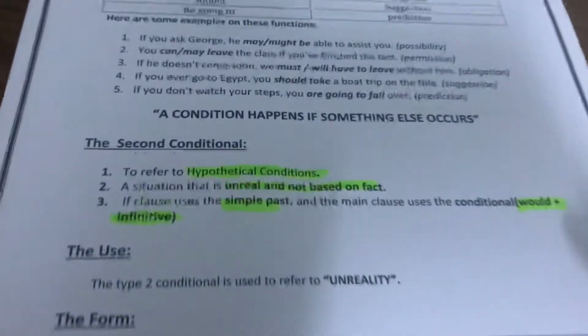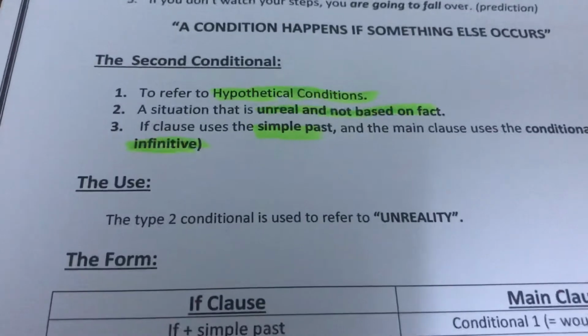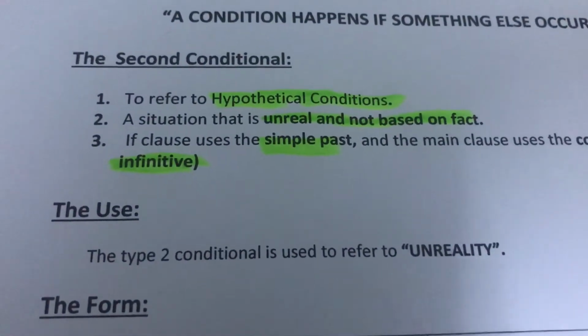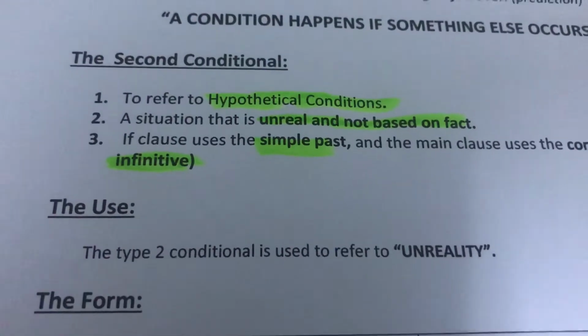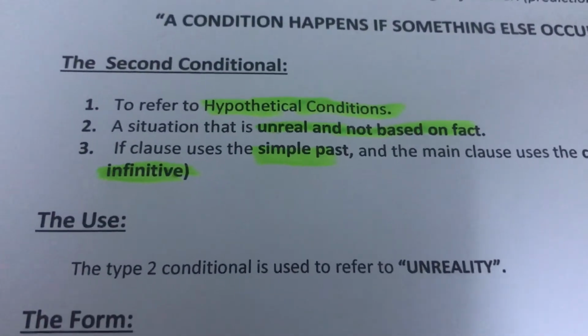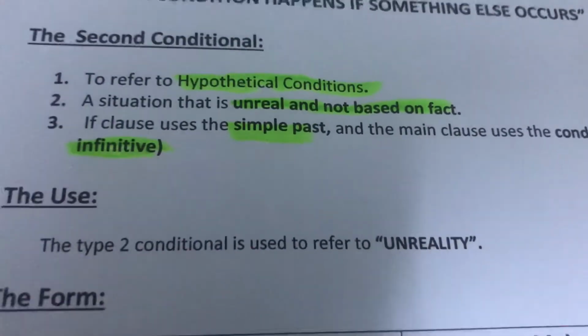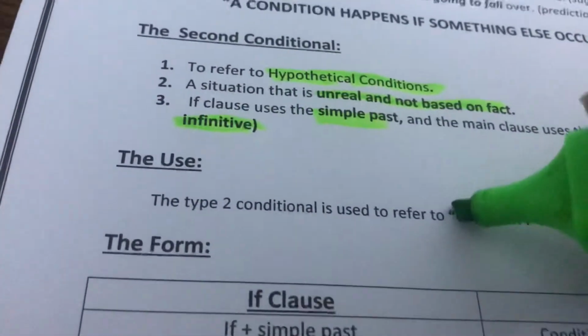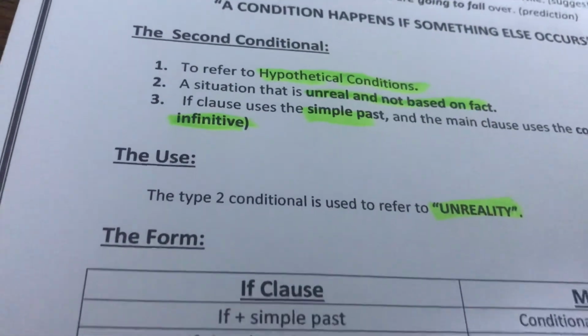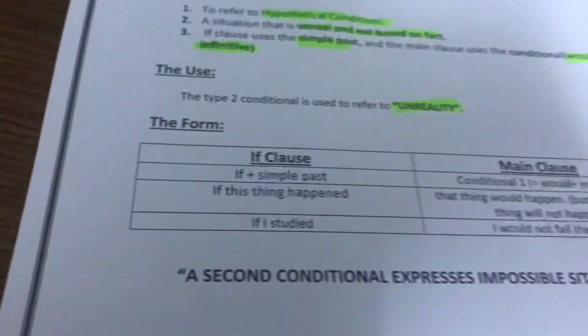The use of it: why do I use the second conditional? The type 2 conditional is used to refer to unreality, something not real. It's impossible to happen.